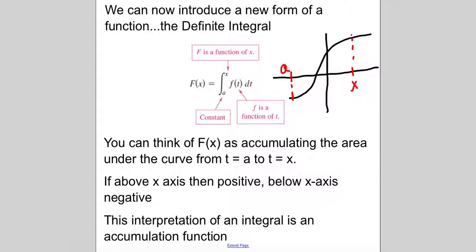Well, we would be talking about this area in blue, and so we get a value based off of this area in green here. All right, and so if we add up this area, we'd be able to find out what F of x was. If we're below the x-axis here, this would be a negative value, and if we're above the x-axis, this would be a positive value. And when we see a graphical interpretation of this, that will make more sense.